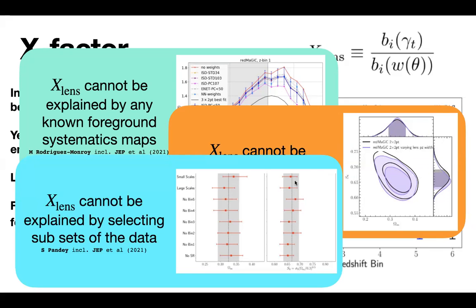And then finally, we split our data up in various different ways, splitting up small scales and large scales, and all the different redshift bins, and again, we find no real difference in our cosmology or our X_lens influence. So it appears that this is a real effect that currently can't be explained by the methods that lensing and clustering surveys typically use.